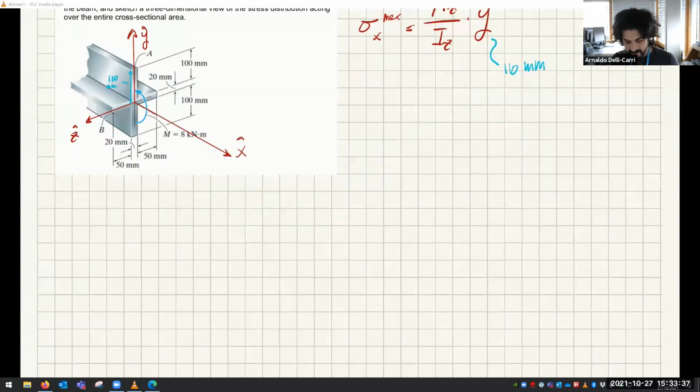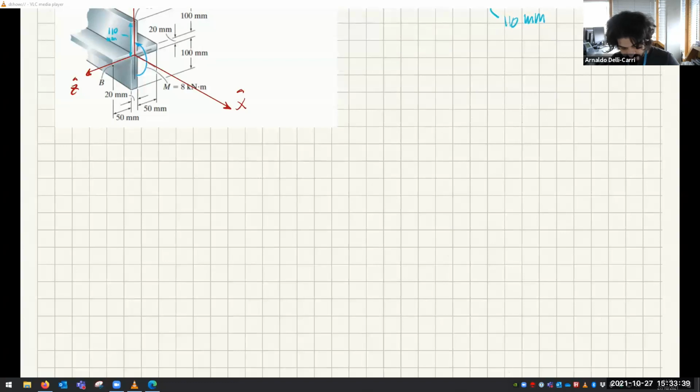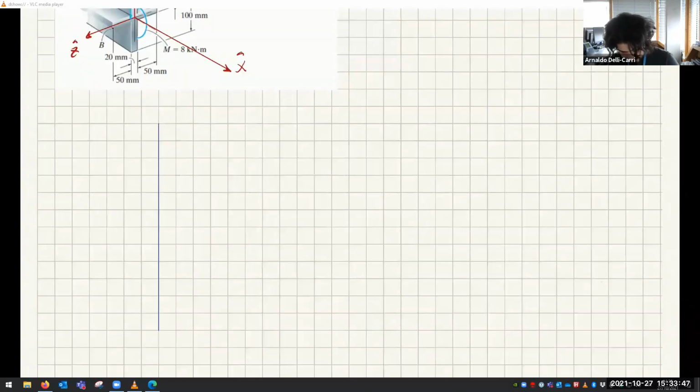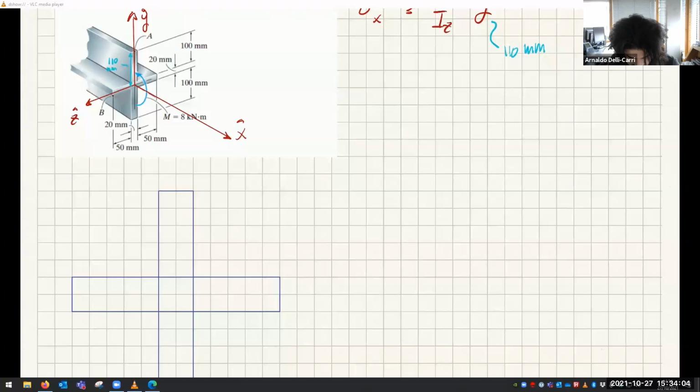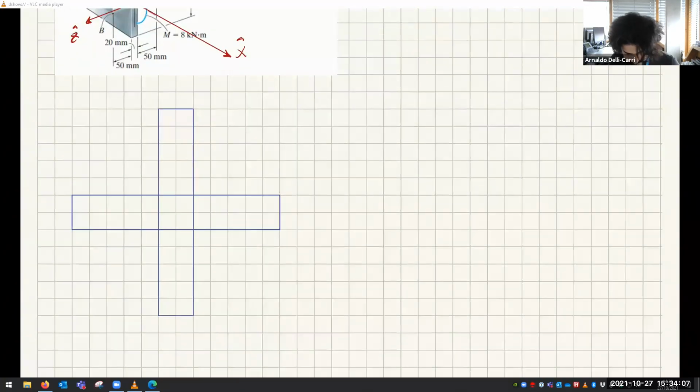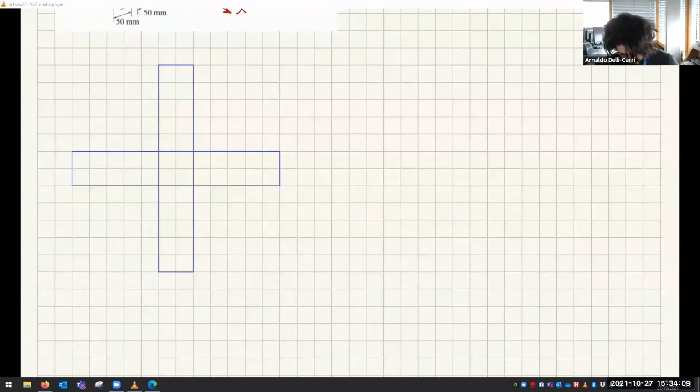So let's find Iz. Let me redraw this. Looks to me like this. It's longer than it is thick.